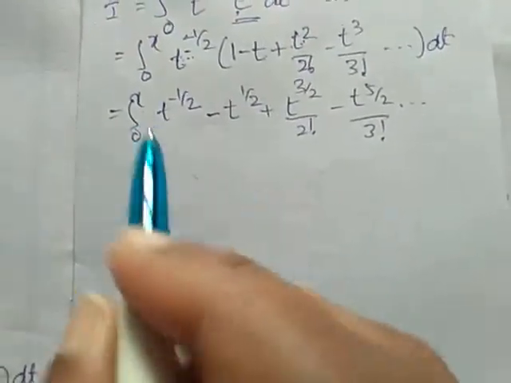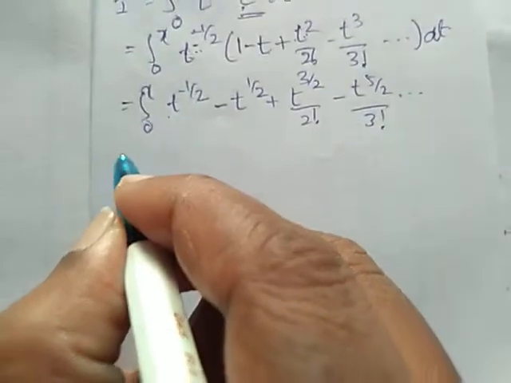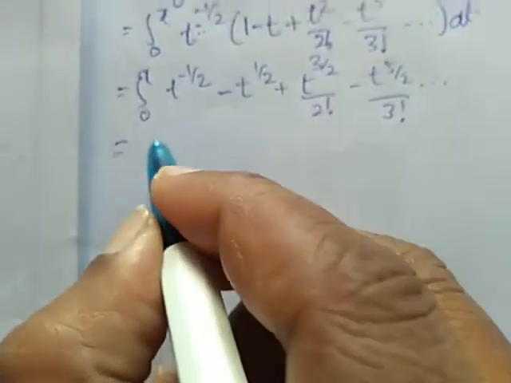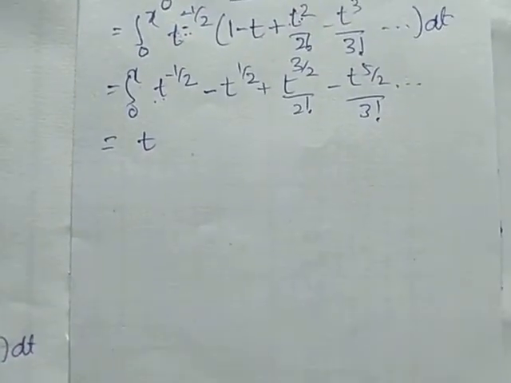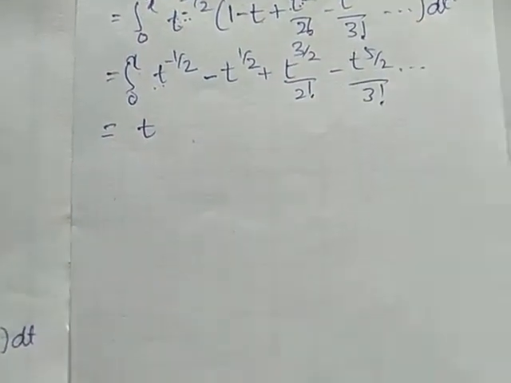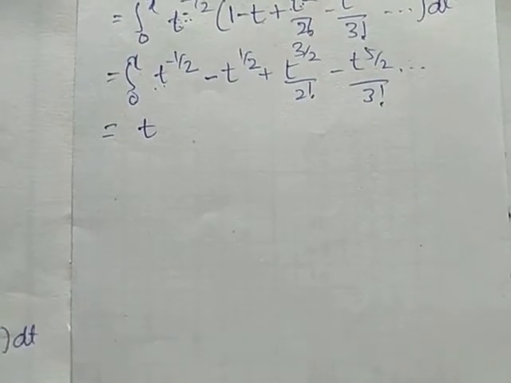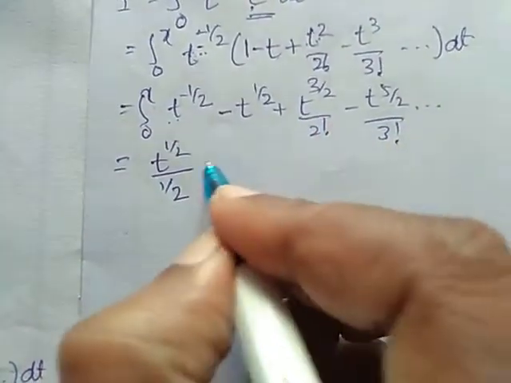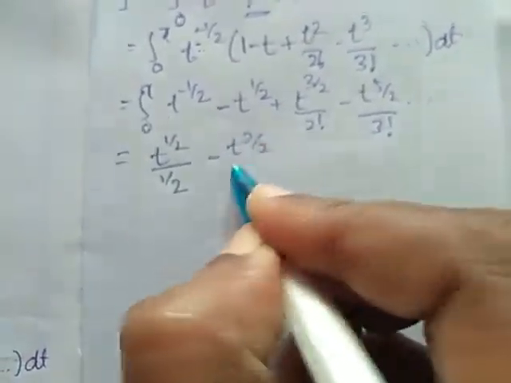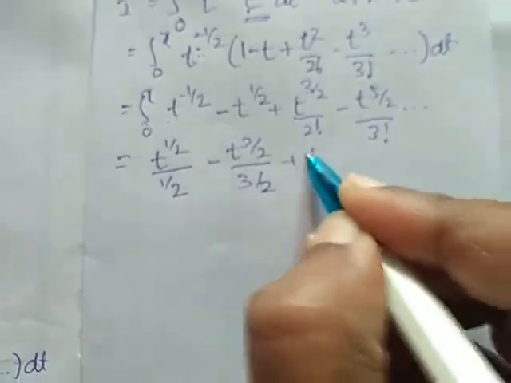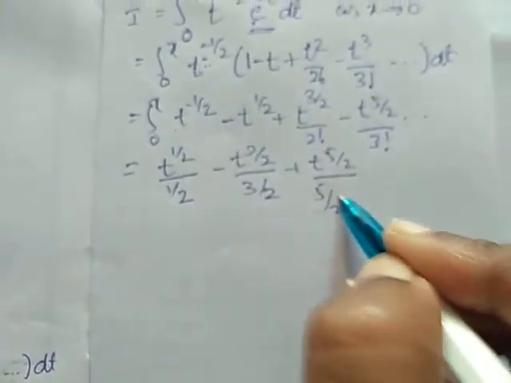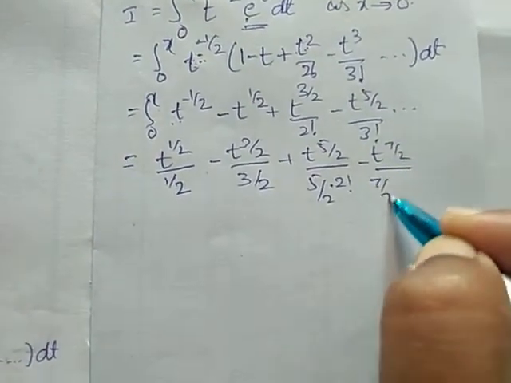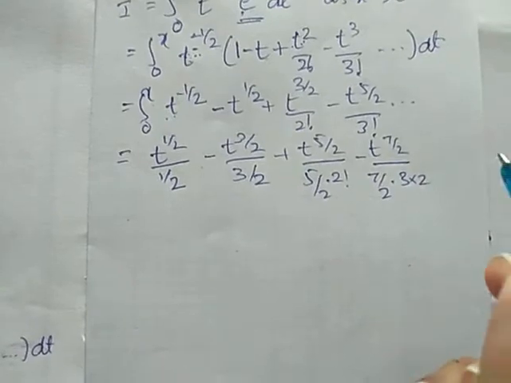So when we integrate this, integration of t power minus 1 by 2 is t power minus 1 by 2 plus 1. So it is t power 1 by 2 by 1 by 2. Similarly here t power 3 by 2 by 3 by 2, t power 5 by 2 by 5 by 2 into 2 factorial, minus t power 7 by 2 by 7 by 2 into 3 into 2.